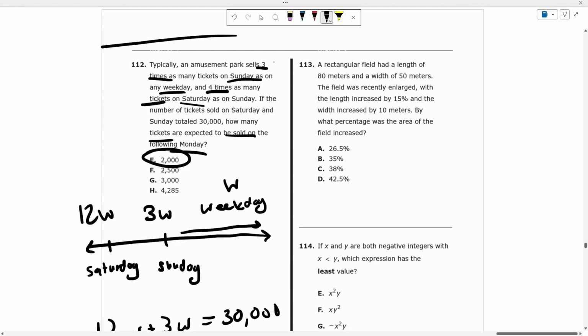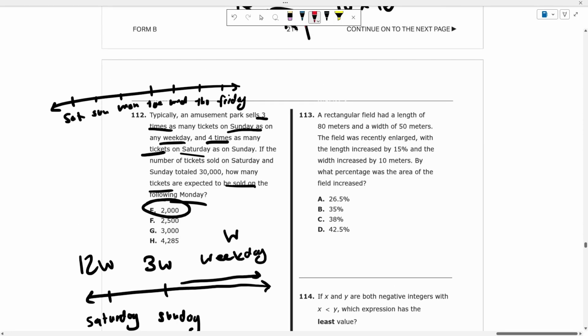If you look at this as just a regular week, this is Saturday, Sunday, Monday, Tuesday, Wednesday, Thursday, and Friday. This is what's considered the weekday, Monday through Friday. We consider these weekdays, and we sell W tickets on each weekday. On Sunday, we sell 3 times as many tickets as on the weekday.